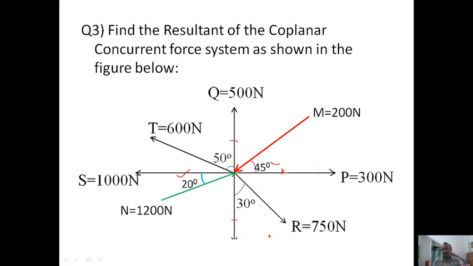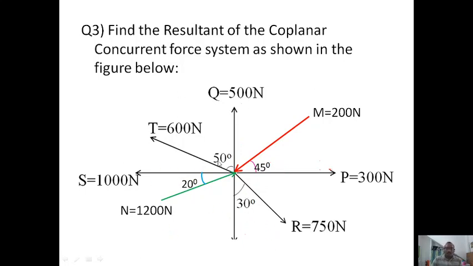Either it may be the positive x-axis or the negative x-axis, and then simply formulate the equation Fx in terms of the cosines and Fy in terms of the sines, right? Either way you can solve. I am taking the difficult one to show that it is also easy, right? So we will go into the problem, right?